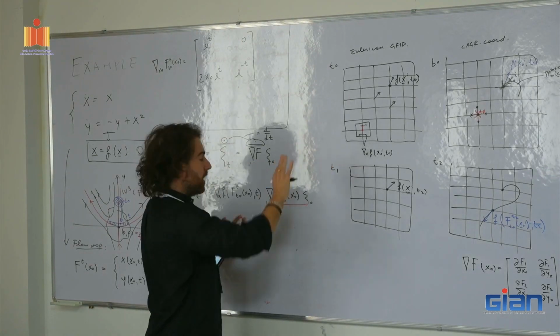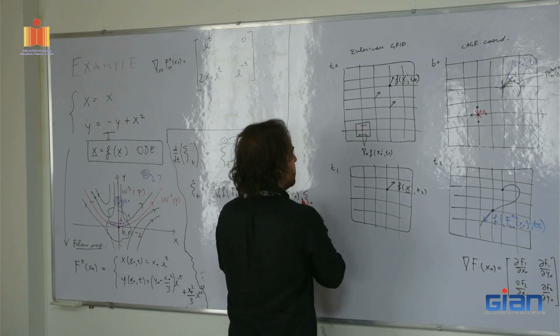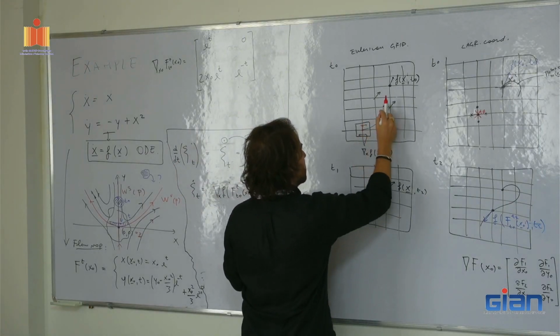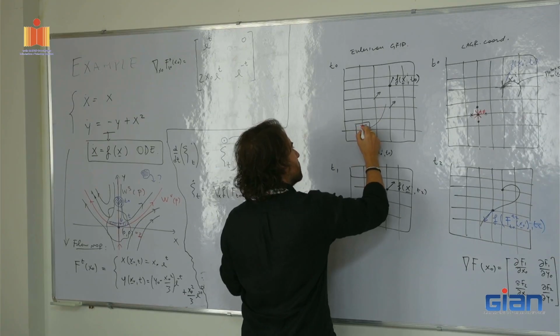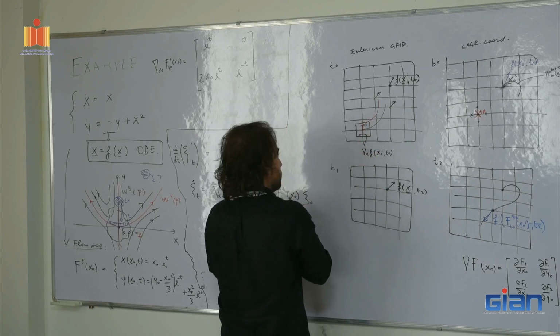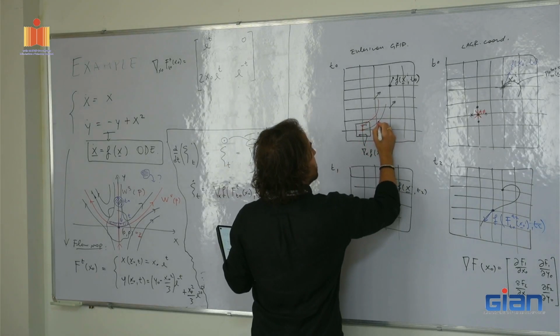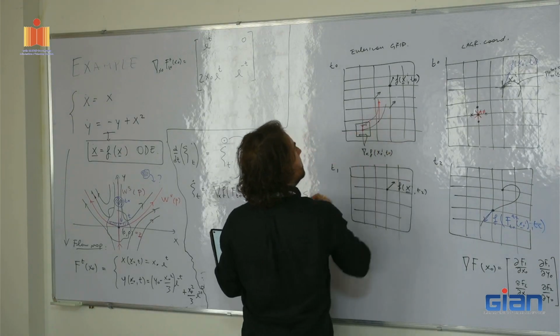But then let's say that after a little bit of time, this one now is doing that. Maybe it's too trivial, but let's say at this point I arrived here with this zeta t.